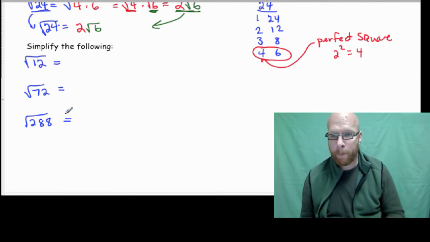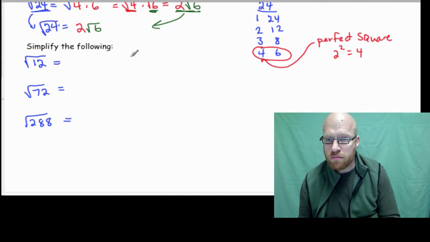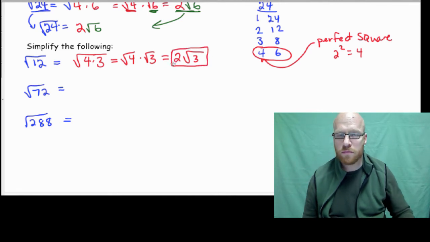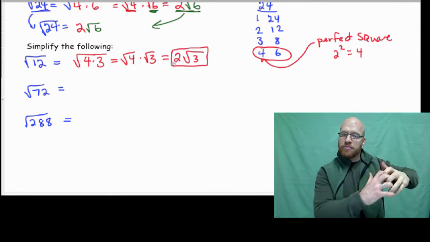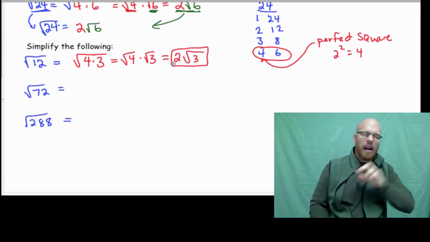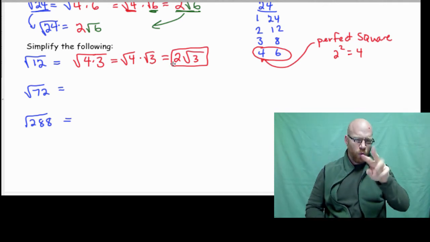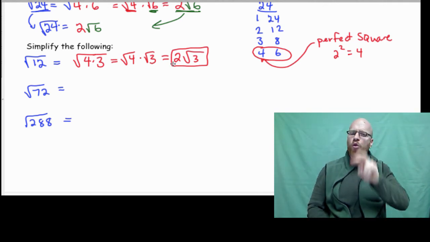So, okay, here we go. And there's our answer. That's how it all falls together. Right now, I'm not going to write out the full square root of 4 times 3. I'm going to jump to the square root times the square root.